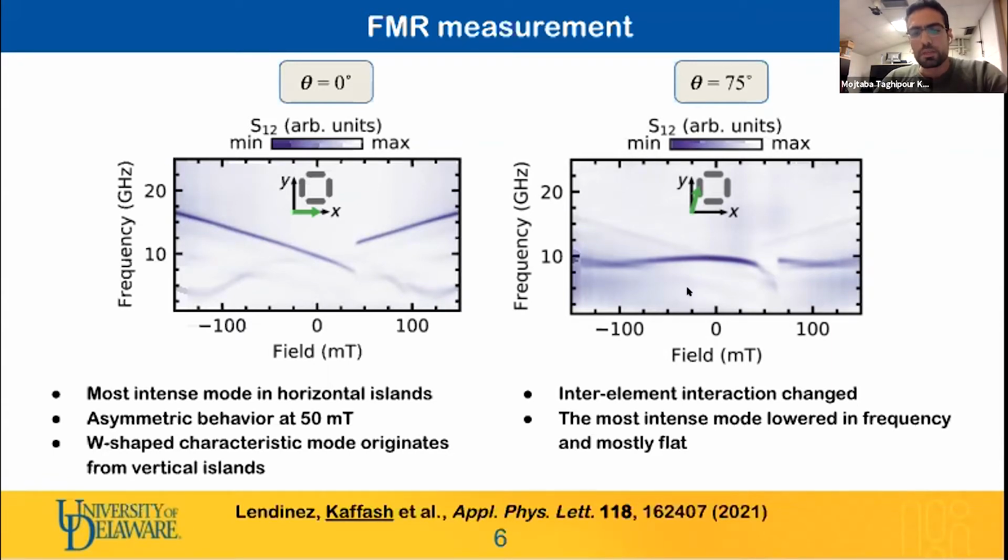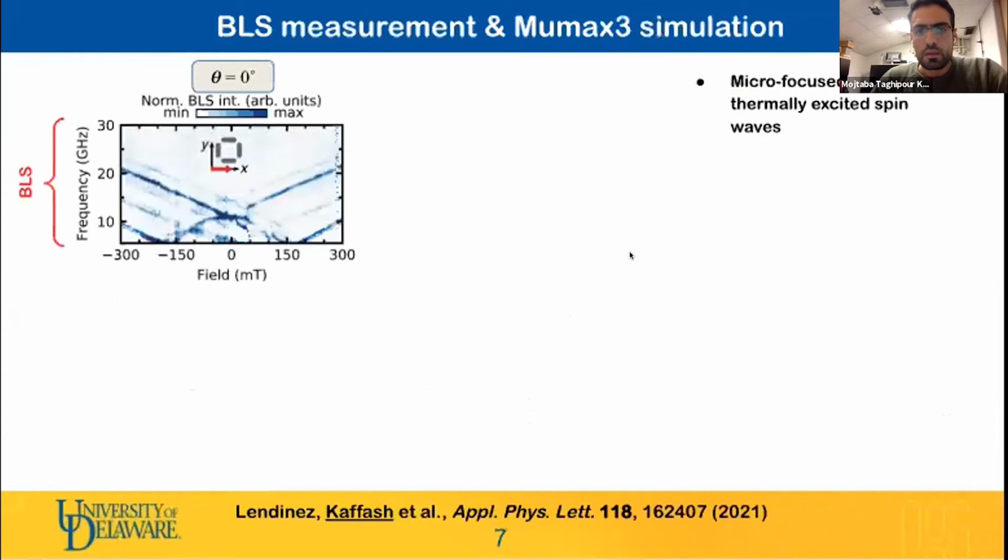We also see a behavior like avoided crossing at around -100 millitesla that piqued our interest. So we measured the same sample using microfocus BLS to further investigate and confirm it. So here is when we measured the same sample using the microfocus BLS technique on thermally excited spin waves.